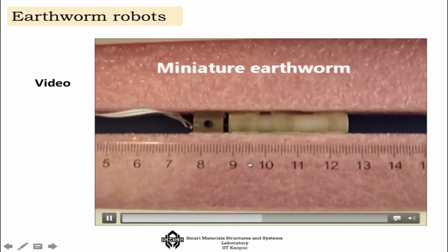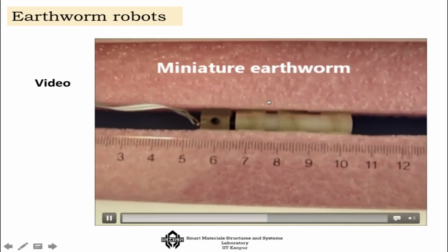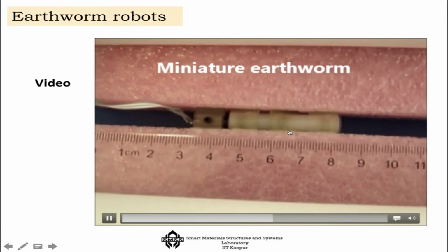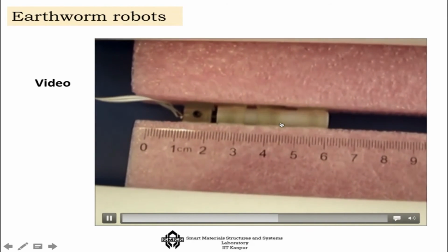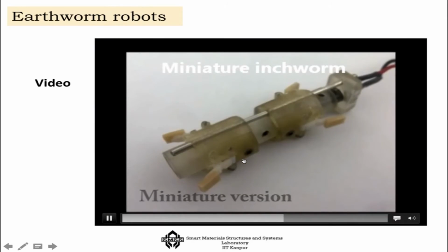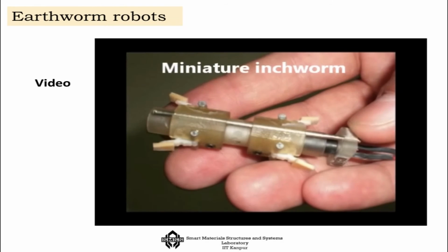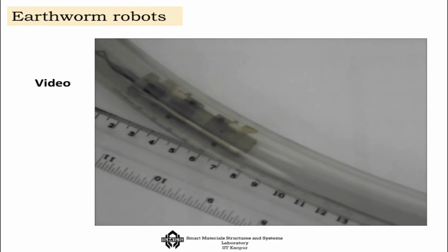So an ant-like motion inside a conduit, this type of robot using a magnetostrictive actuator can be very good in terms of generation of such motions, and you can see how small you can make the whole thing.